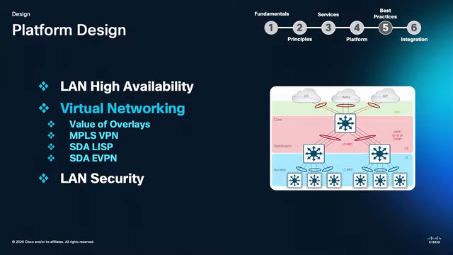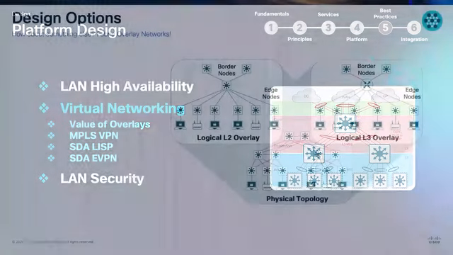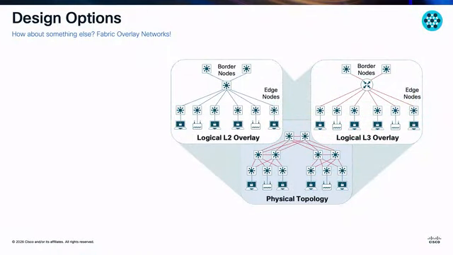So moving on to virtual networking, okay? Now, again, I've used this term because I want to emphasize the virtualized part of it, okay? There are specific technologies I'm going to talk about, MPLS, LISP, and EVPN, but these are all virtual networking technologies. Now, another term you'll hear a lot is the overlay.